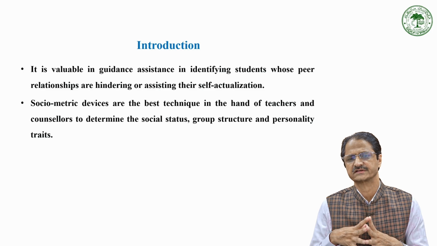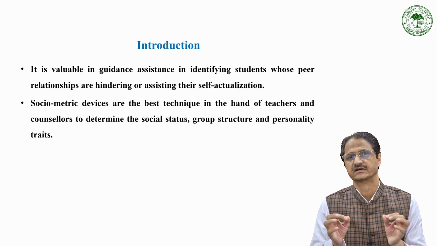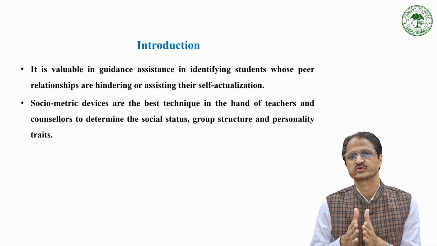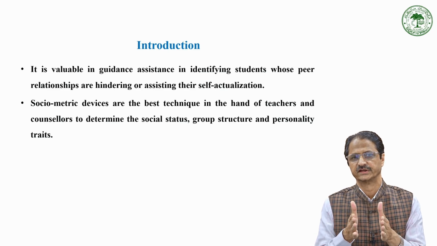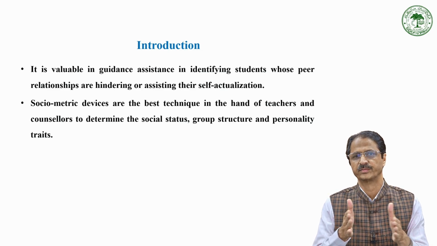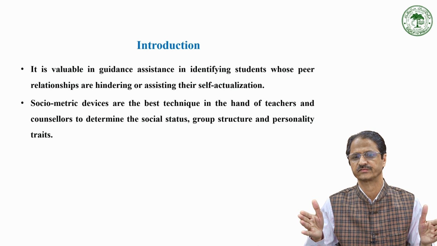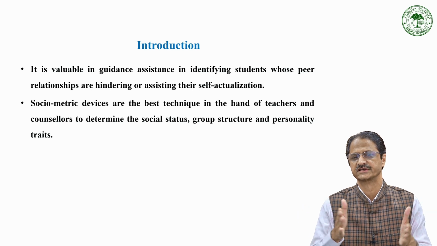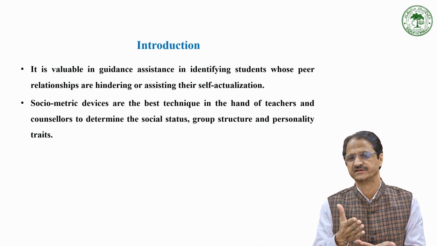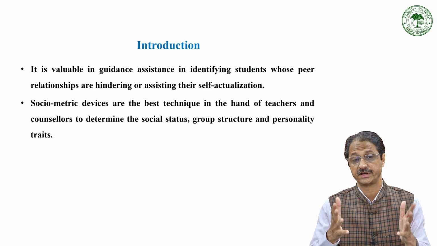Sociometric devices are the best technique in the hands of teachers and counselors to determine the social status, whether there is cooperation, coordination, competition, assimilation, or what kind of group structure and personality traits are present.